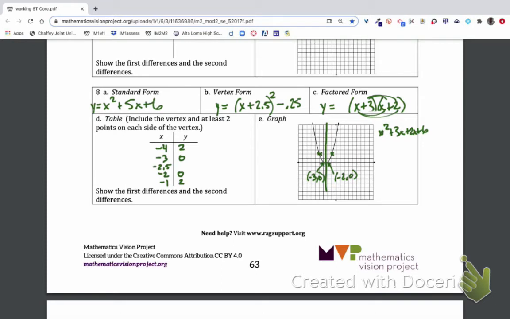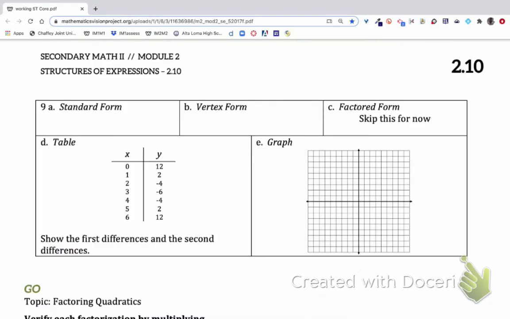There's a lot going on, especially with the vertex form, because it doesn't give us a nice clean integer value. But hopefully this helps in being able to see it. And again, graph these out if you need to. For number 9, keep in mind, skip the factored form. Maybe the factored form is not going to turn out very pretty.